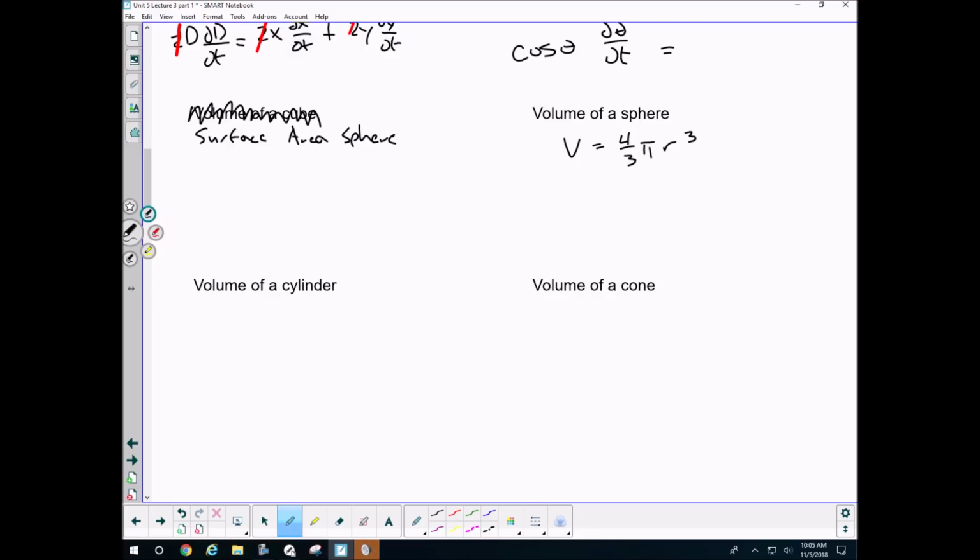The surface area of a sphere, you do not have to know that the surface area, I'm going to use SA, is 4 pi r squared. Volume of a cylinder, you do not have to know that it's pi r squared h. Volume of a cone, you do not have to know that it's 1/3 pi r squared h. But it is your responsibility to be able to take the derivative of these.